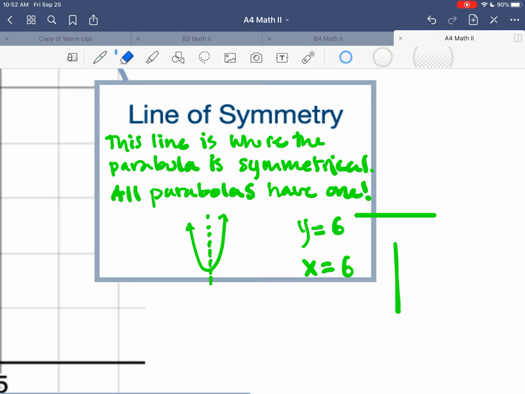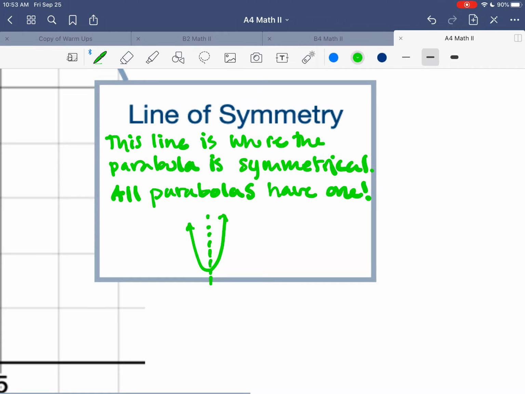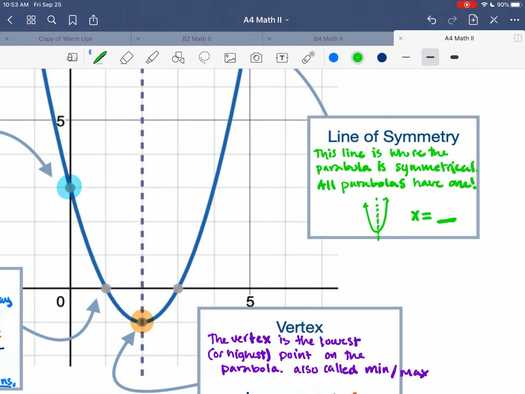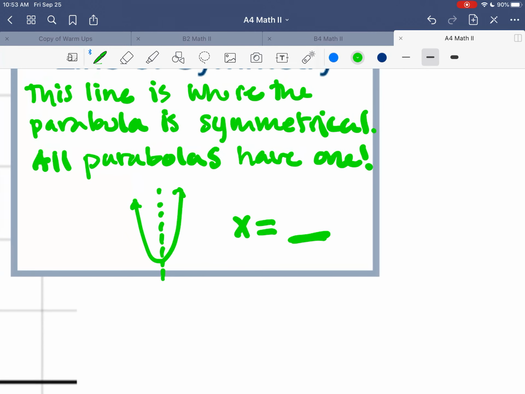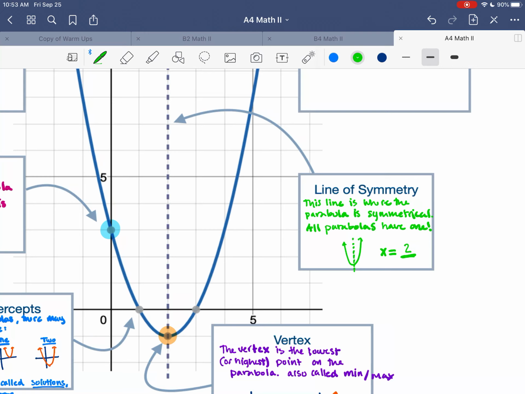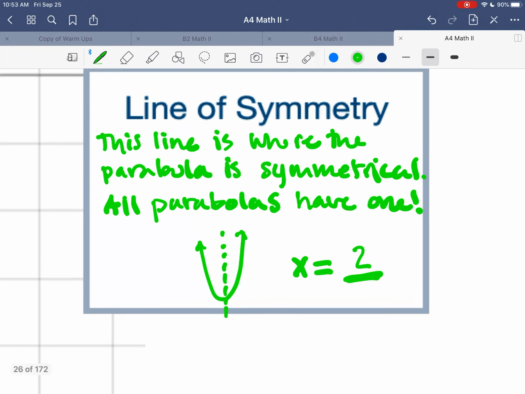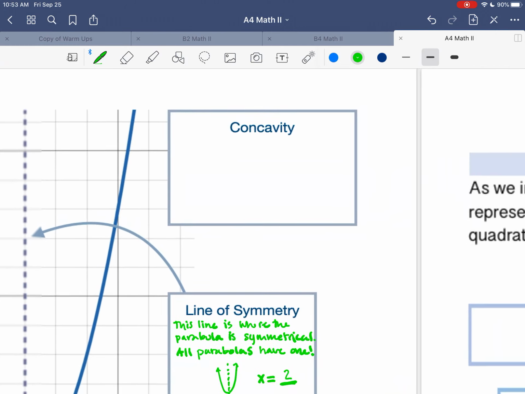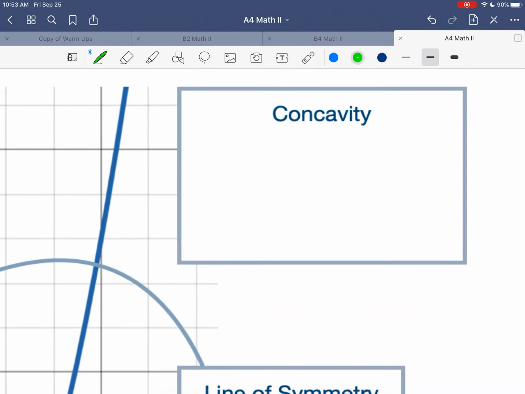So these are always an x equals situation because the line of symmetry is always a vertical line. So you can write it x equals, and wherever it crosses the x-axis, so this one is a 1, 2, this is an x equals 2 in this specific case, but you can always write the line of symmetry equation super easy like that. It's just x equals something.